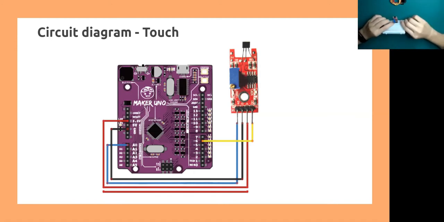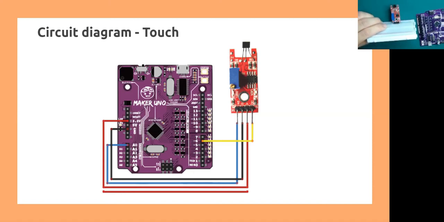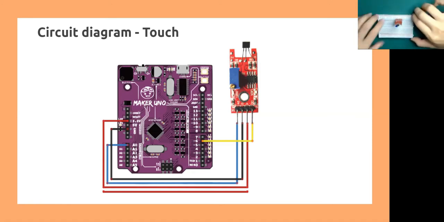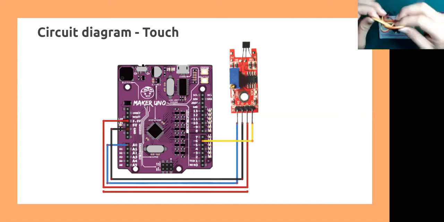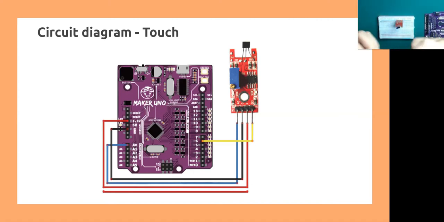So based on the label that is written on your touch sensor, connect to the correct pin. Okay, so I think this is clearer. So connect the positive and the ground first.